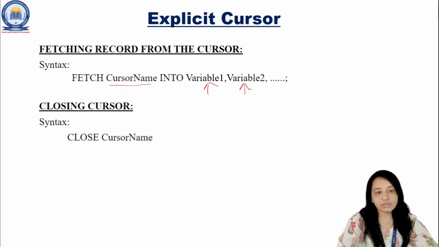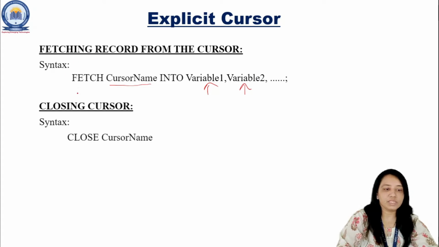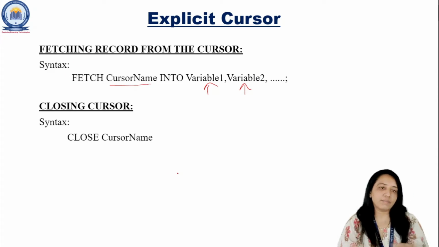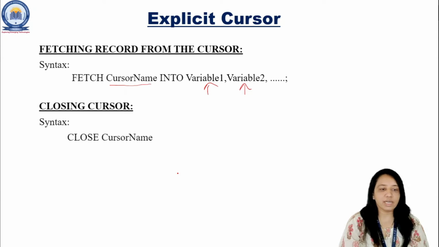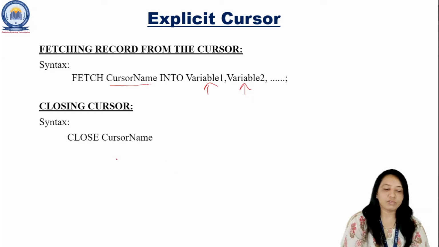Normally the fetch statement is written within a loop, because an active data set may have a number of rows, and to deal with individual rows you fetch within the loop. After completing the processing, you have to close the cursor.